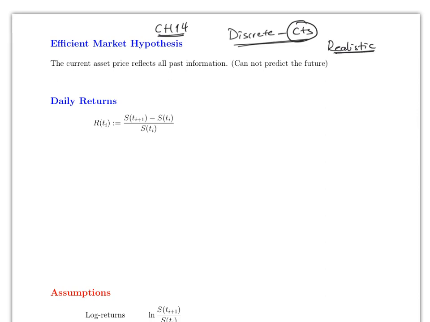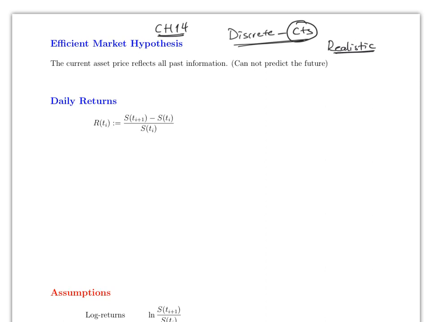Remember, we've been using the binary model, which we still will be using. The main problem with the discrete model is that in real life, stock prices change continuously. So that's why we need to come up with a more realistic example, and the normal distribution is going to be very important for that.